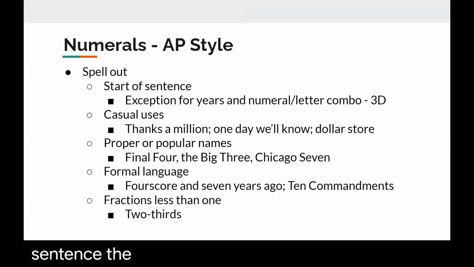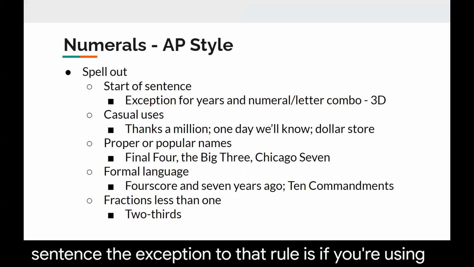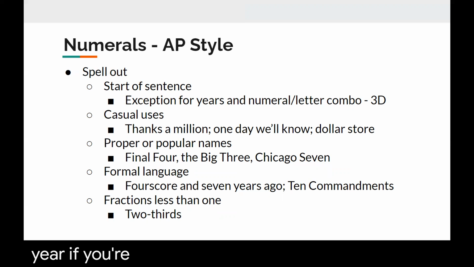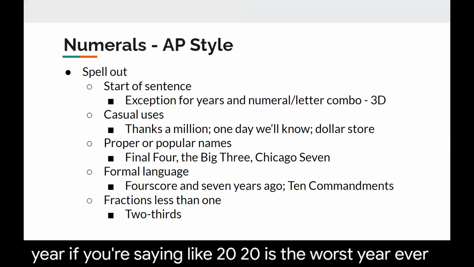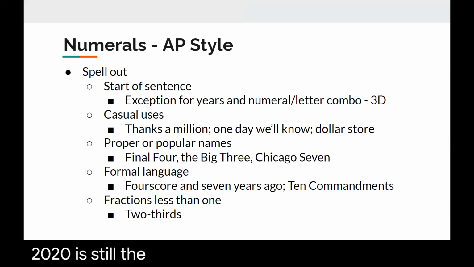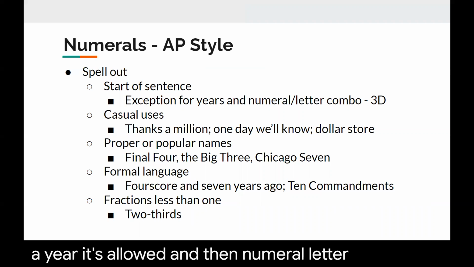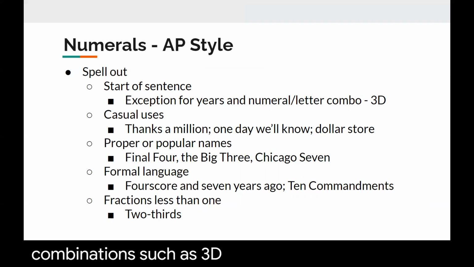The exception to that rule is if you're using a year, if you're saying like 2020 is the worst year ever, 2020 is still the start of the sentence, but because it's a year, it's allowed. And then numeral letter combinations such as 3D would be allowed to start a sentence.